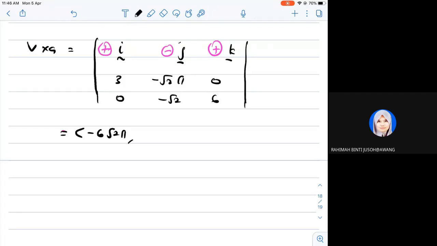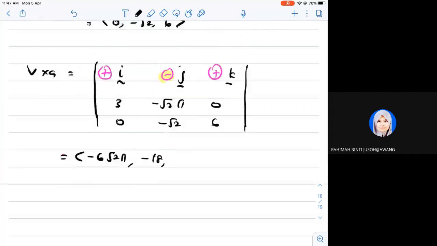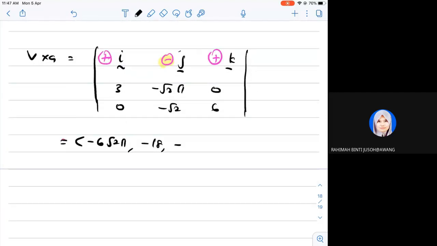So that finishes the i component. For the j component, close j, 3 times 6, but we have to put negative, so negative 18, because of the negative sign here. And then the last one, cover the third column, you are crossing negative 3 square root 2 times z minus 0. Okay, so negative 3 square root 2, like this.